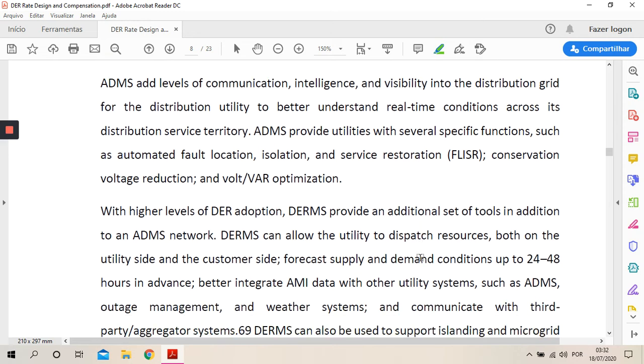ADMS add levels of communication, intelligence, and visibility into the distribution grid for the distribution utility to better understand real-time conditions across its distribution service territory. ADMS provides utilities with several specific functions, such as automated fault location, isolation and service restoration, conservation voltage reduction, and volt-VAR optimization.